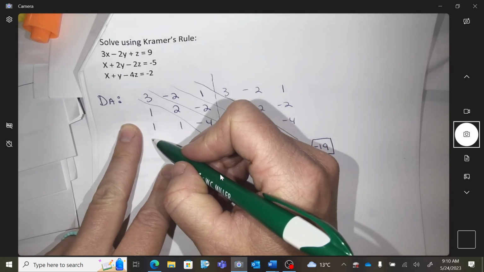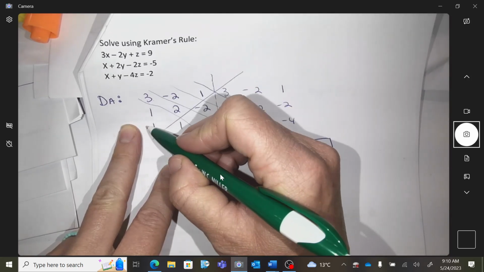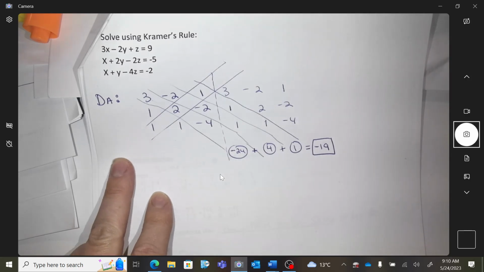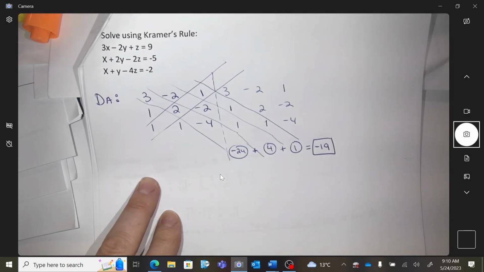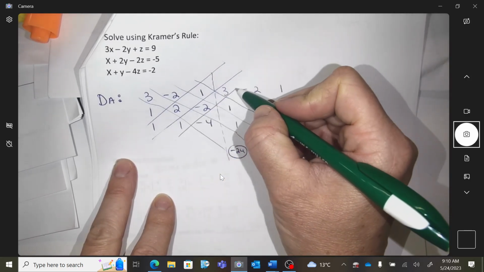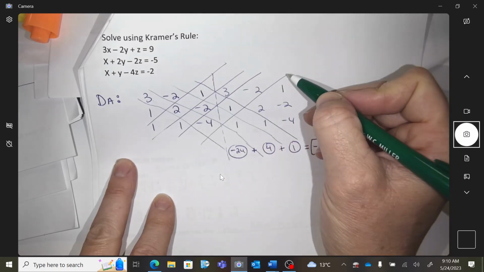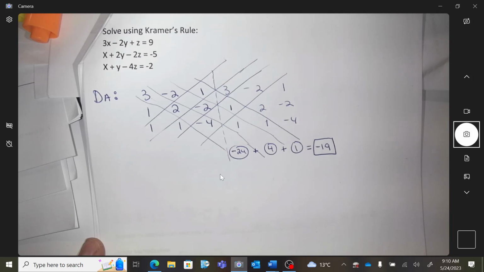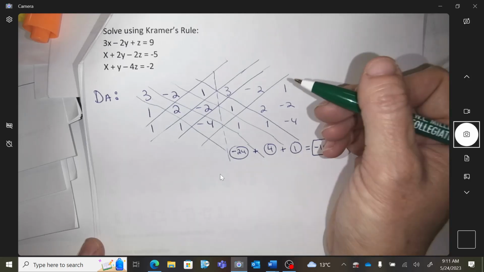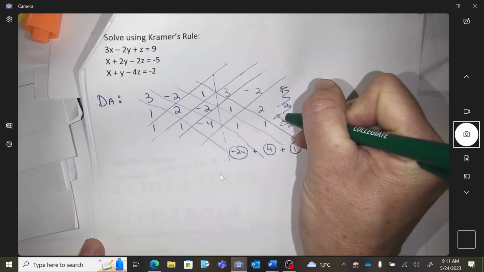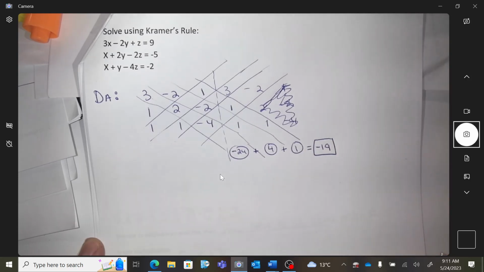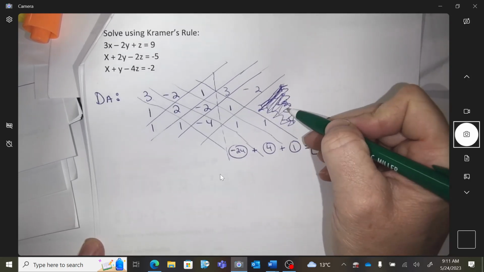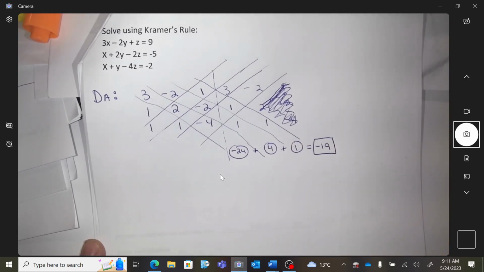Okay, we're going to go the other way. So there's my first diagonal. Connect the 3, connecting 3, connecting 3. If you want, these will never ever get used. So you'll see me not write all that stuff later.